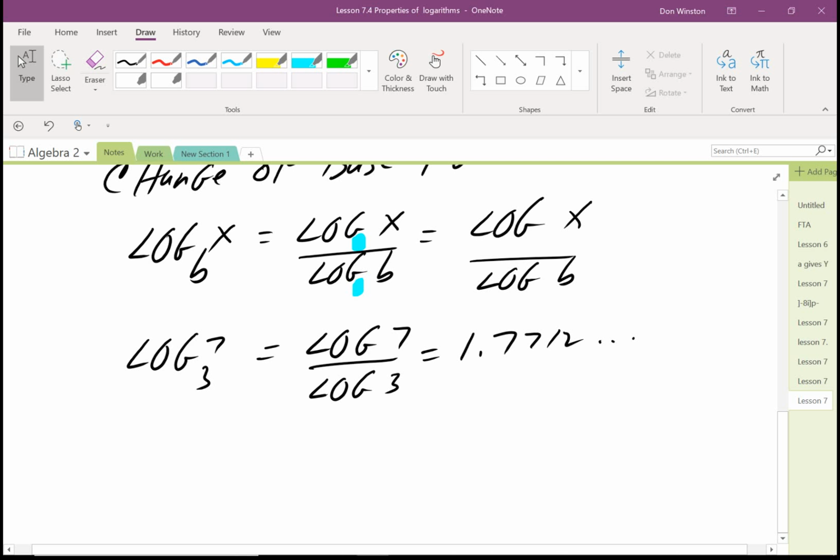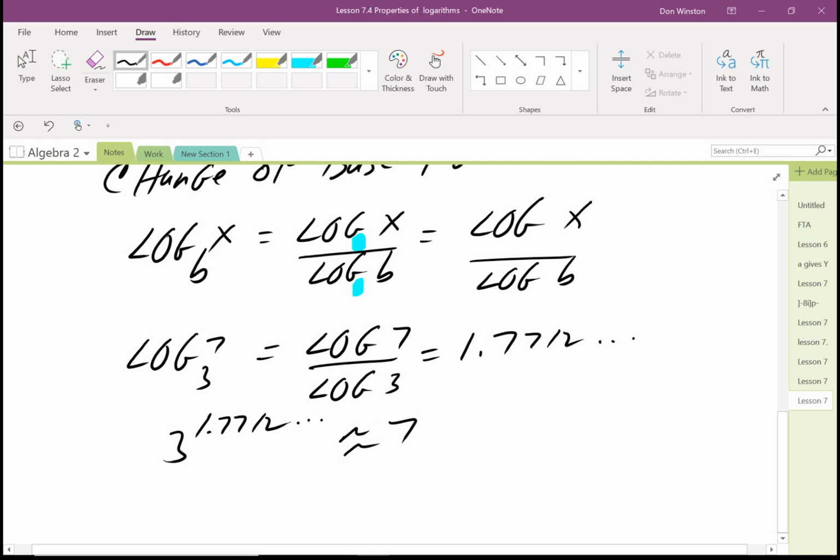So that's what we use when we don't know how to evaluate a log. And I just want to check something. Yep. So for example, 3 raised to the 1.7712 and so on, that will give me approximately 7.